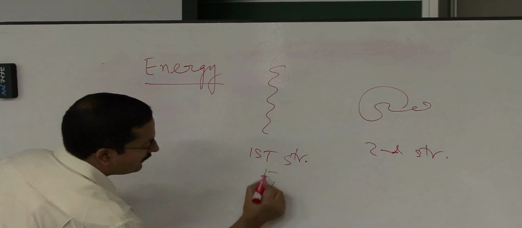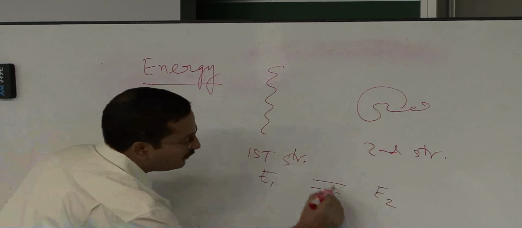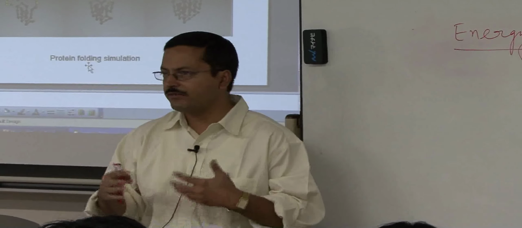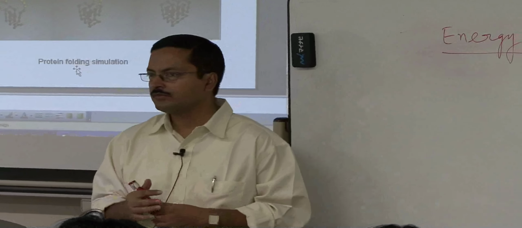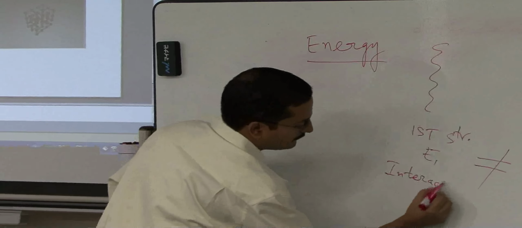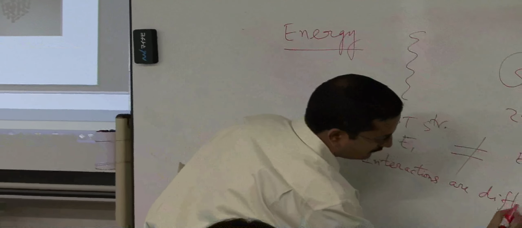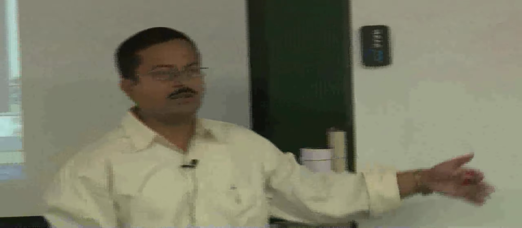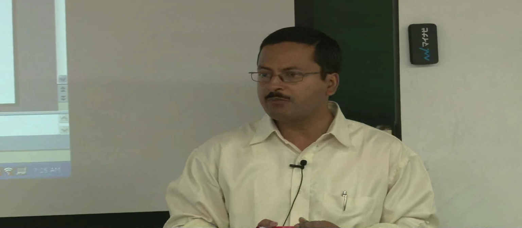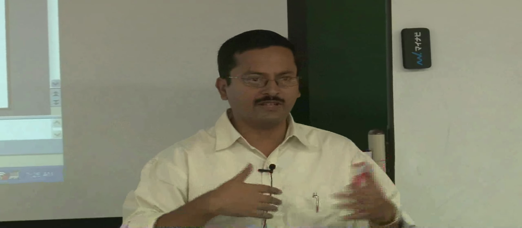This is E1 energy and this is E2 energy, but E1, E2 are not the same because the interactions are different. You understand, right, because this is the same molecule, same protein, but structure one is like this, another maybe like this. So, they differ in energy.